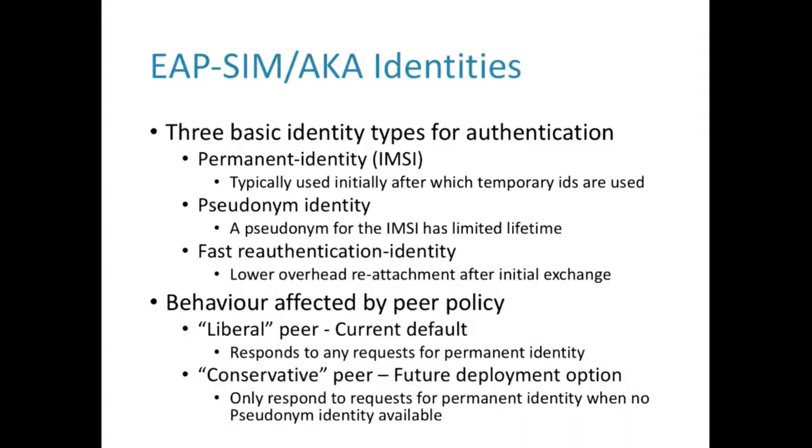Then there's another one called the fast reauthentication identity, which is a lower overhead identifier. Basically, because the first interaction, when you're using the IMSI, to do a proper check on it, your phone hands over its IMSI, and that gets handed into the network, and then the network ultimately has to go to the back-end system and say, where is this guy's IMSI and where's the key, and let's do the proper cryptographic exchange.